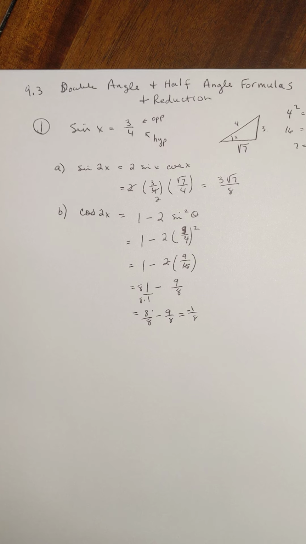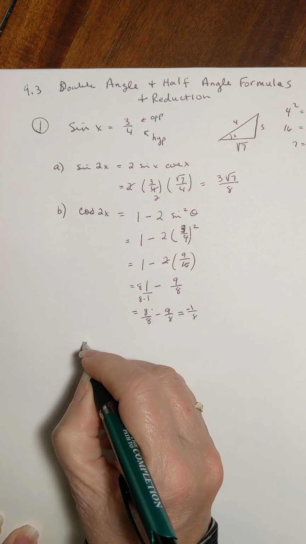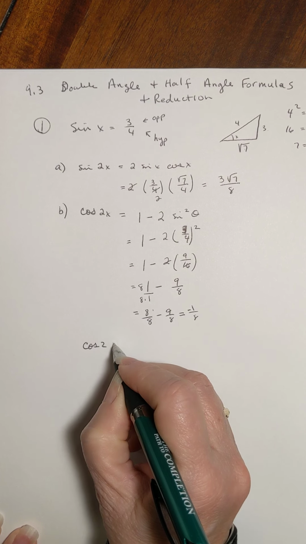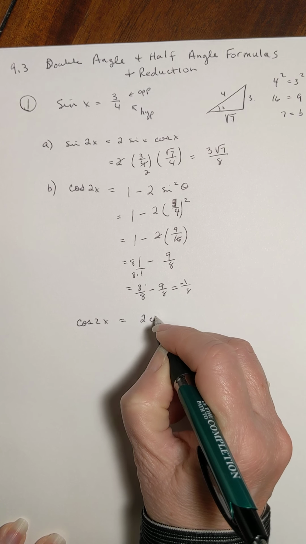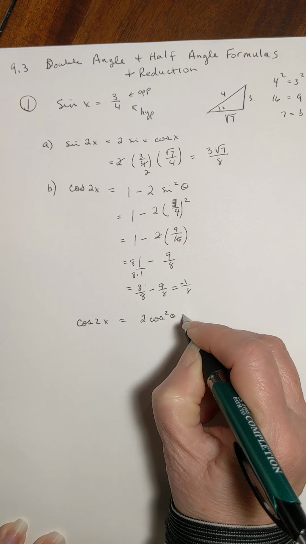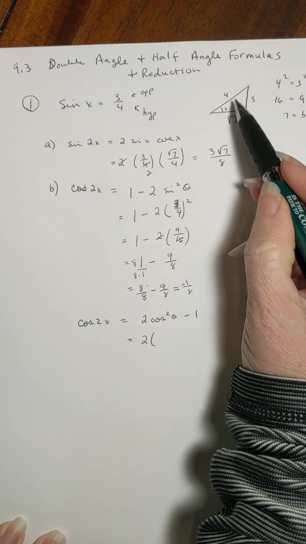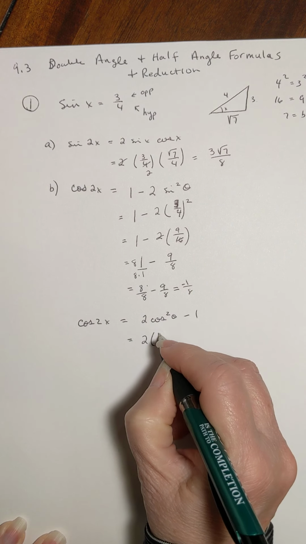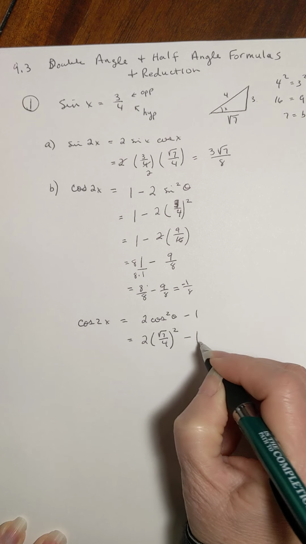Okay, now I should get the same thing no matter which of the formulas I use. Let me do one more just to show you that you get the same answer. If I say 2 cosine squared of theta minus 1, that would be 2 times, and the cosine of theta is the square root of 7 over 4, squared, minus 1.